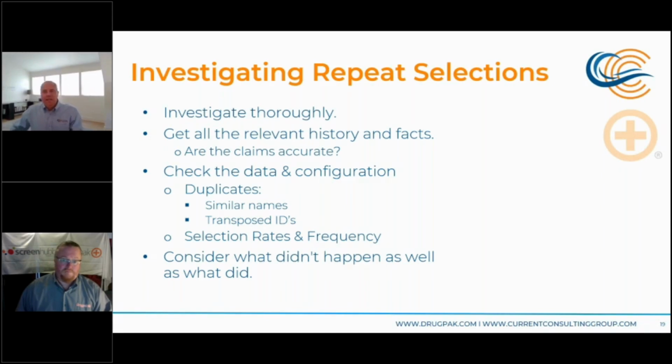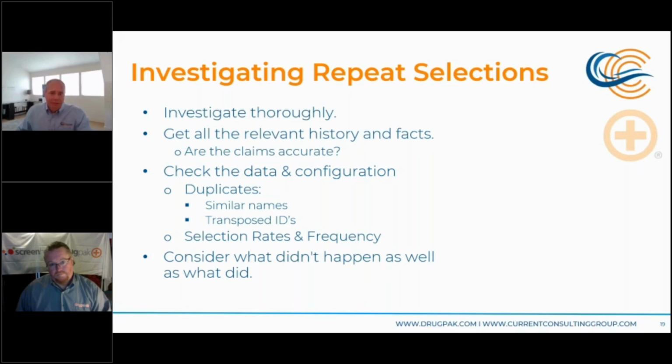With that, they were able to go back and have a conversation with the employee and find out it was just a perception. They felt picked on because when they were selected 4 months ago, some coworkers had made a comment about it. Then, fast forward 4 months later, they were selected again, and they felt like it had been more than it had been.